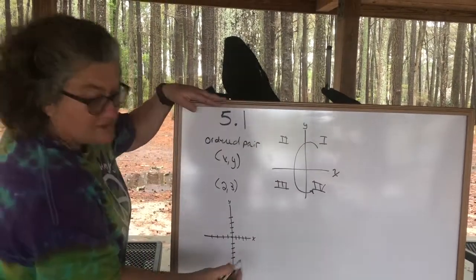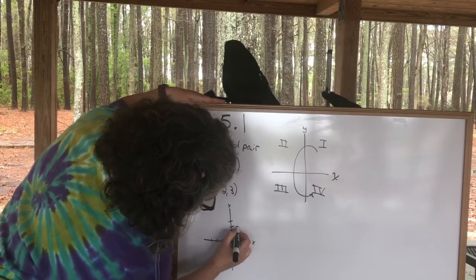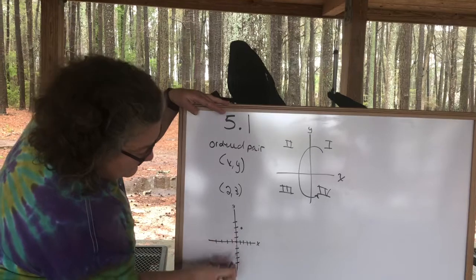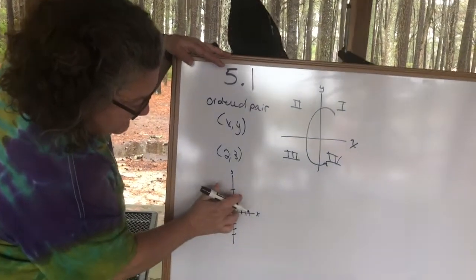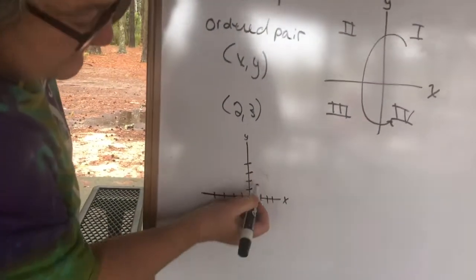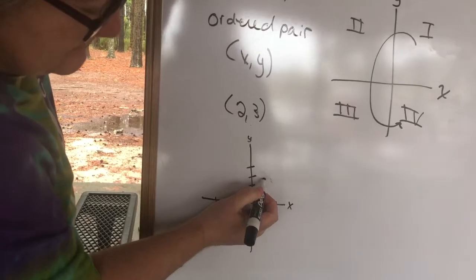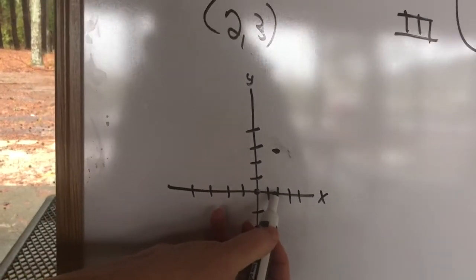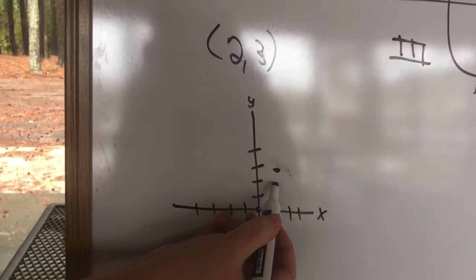Right there is where our (2, 3) would be. Apologies, guys, my camera person here is helping zoom in a little. So I go over 1, 2, and up 1, 2, 3.